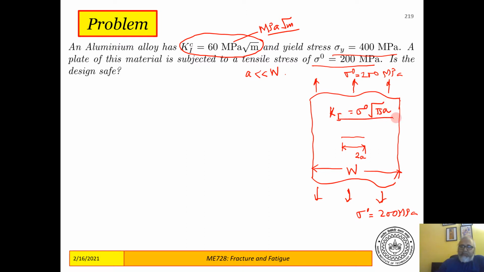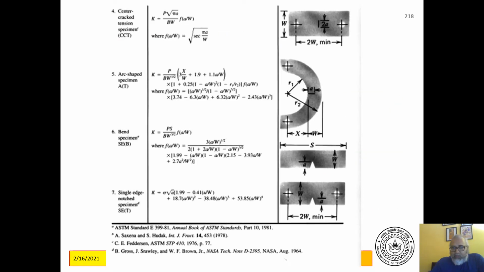This we have already derived, but we can still go back to the tables, and the case that matches this is this one, where if a by w tends to 0, then this tends to P by bW. b is the thickness of this specimen.